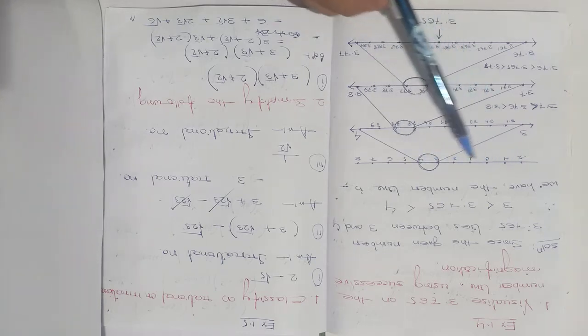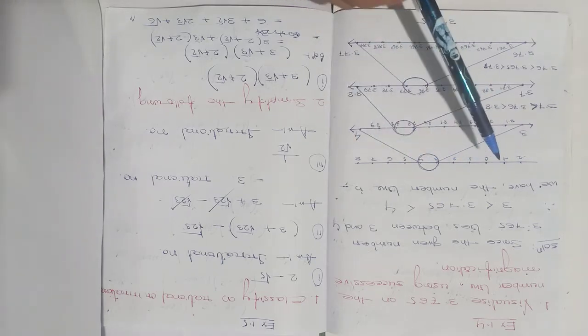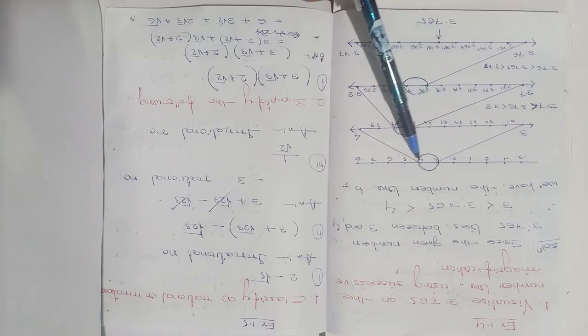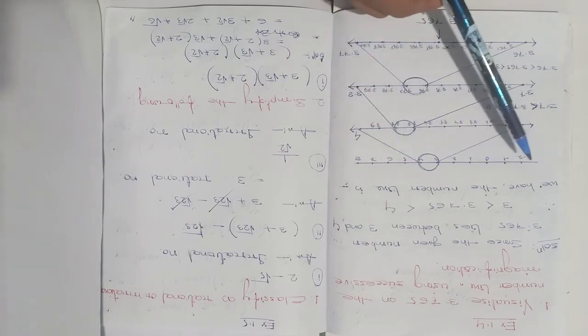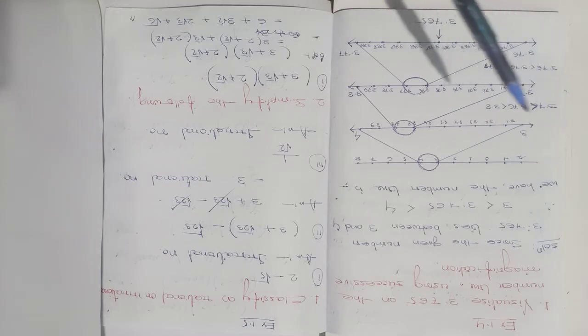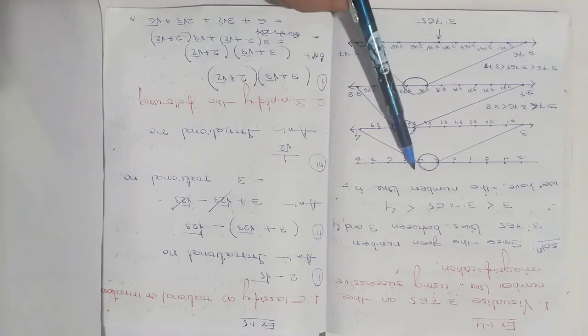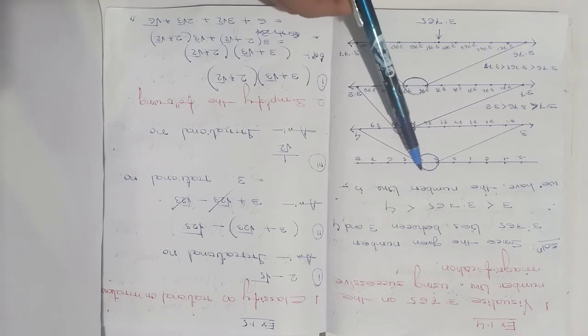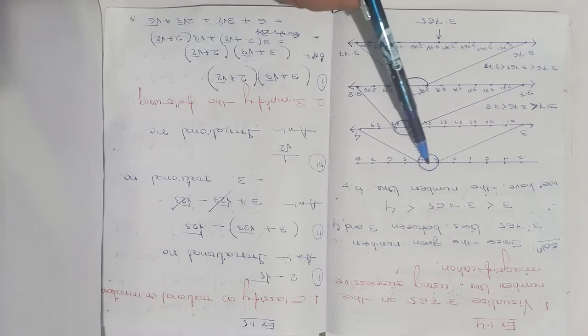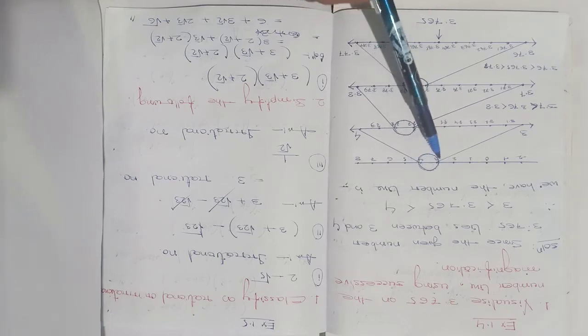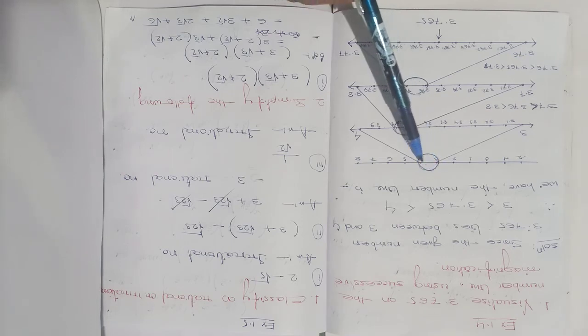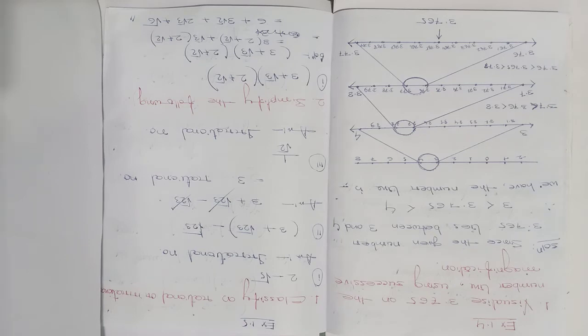So this is the number line. Here this is 0, 1, 2, 3, 4, 5, 6, 7, 8, and on the left hand side -1, -2, and so on. In this number line, we have to magnify the space between 3 and 4. When we use the magnification, this space will be larger.